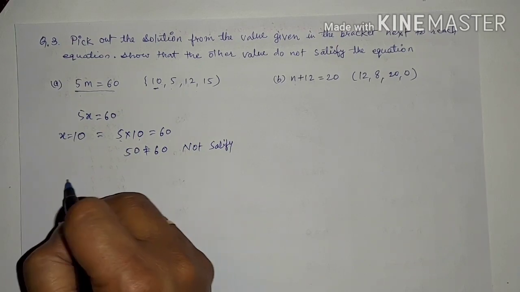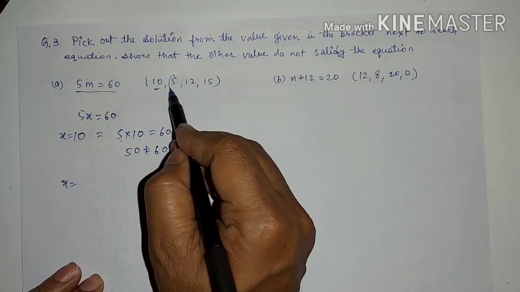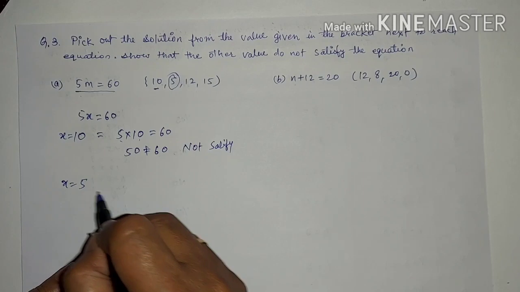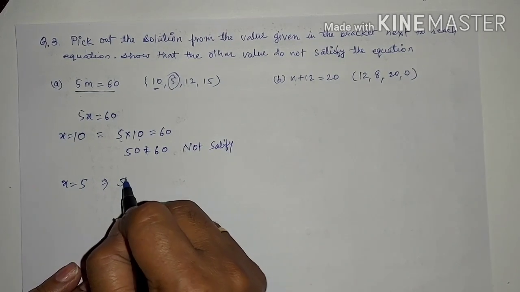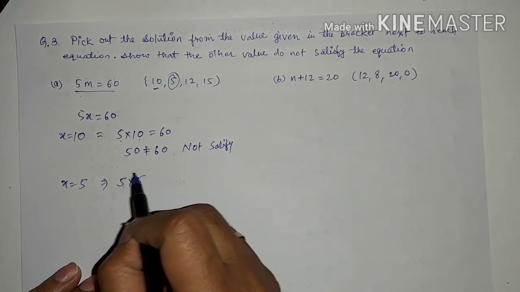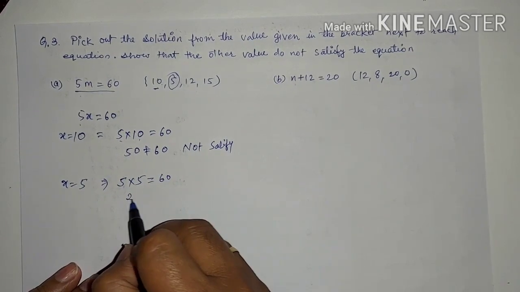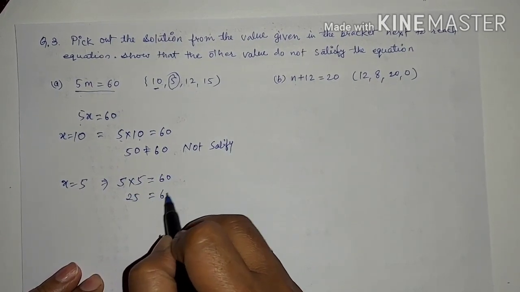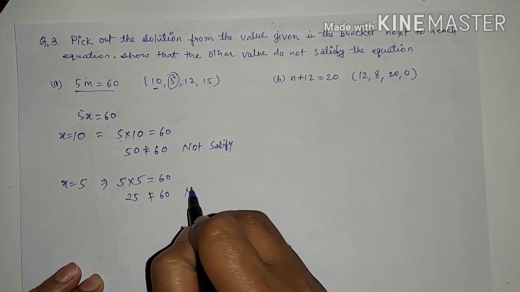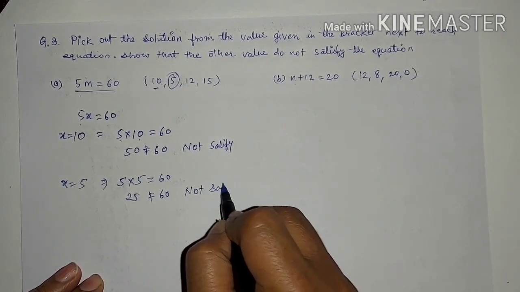Okay, next is x is equal to the second value, 5. So you put 5 into 5x is equal to 60, that is 25 is not equal to 60. It means not satisfied.